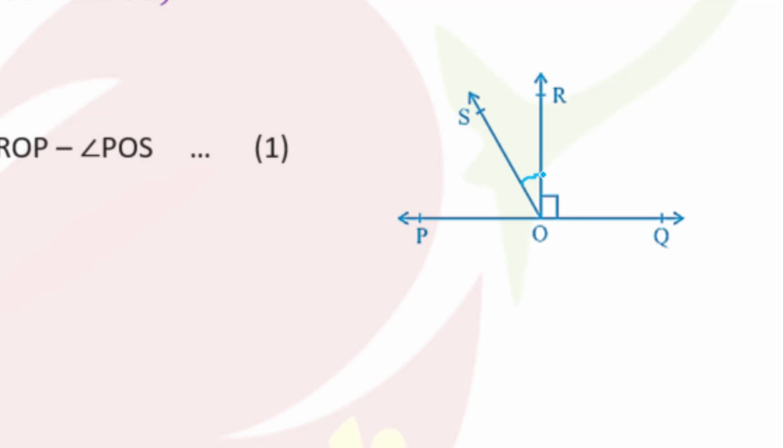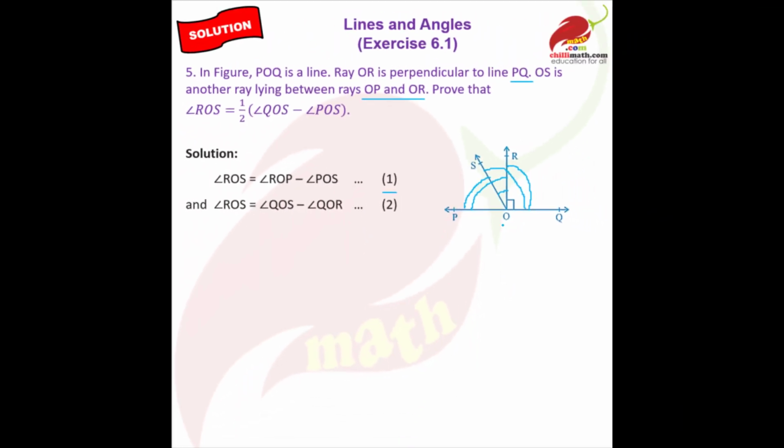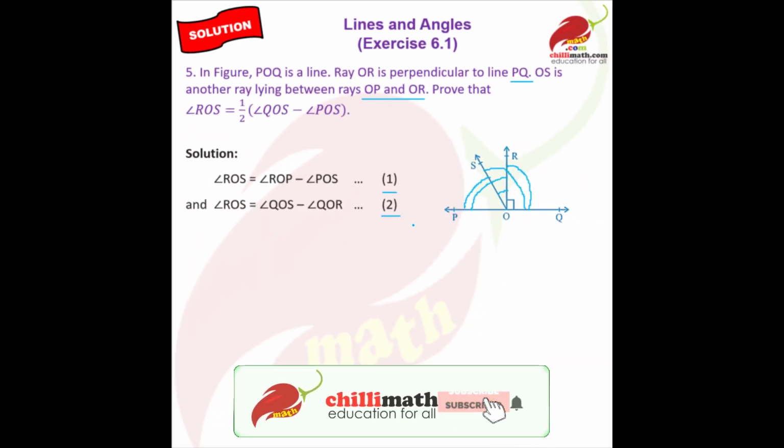Angle ROS, this we can write as angle ROP minus angle POS. Let's mark this as equation number 1. Also, this angle ROS can be written as angle QOS minus angle QOR. Let's mark this equation number 2.